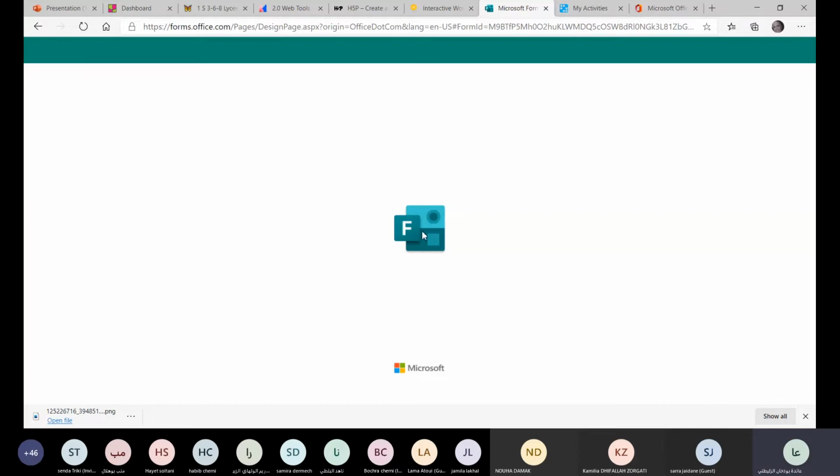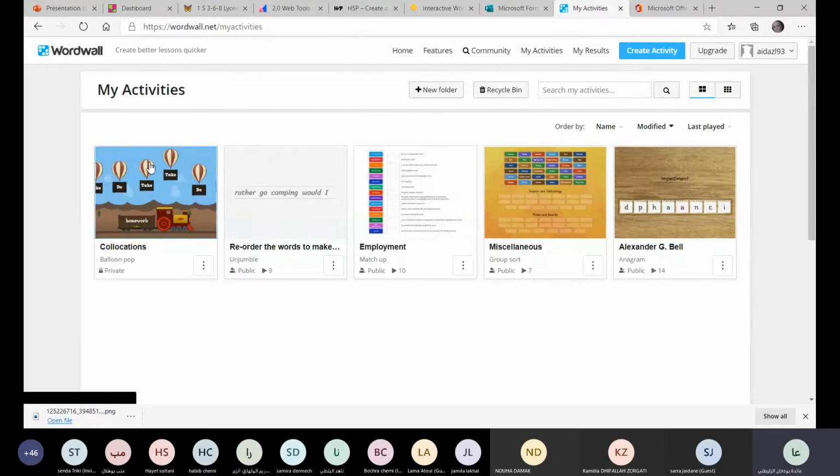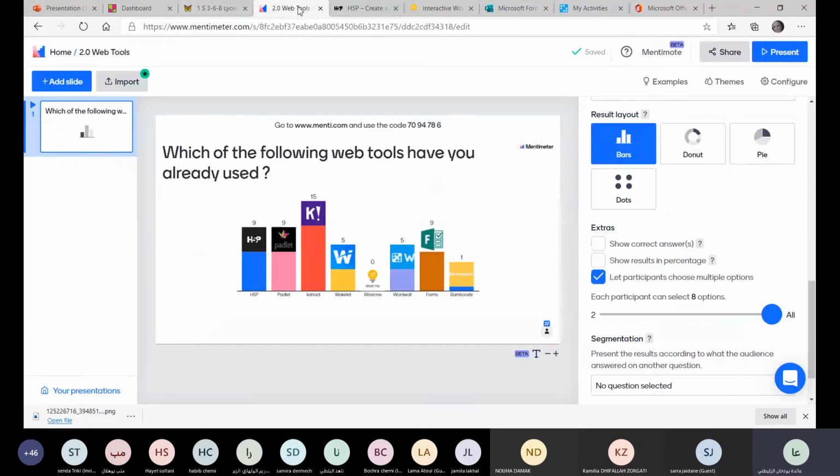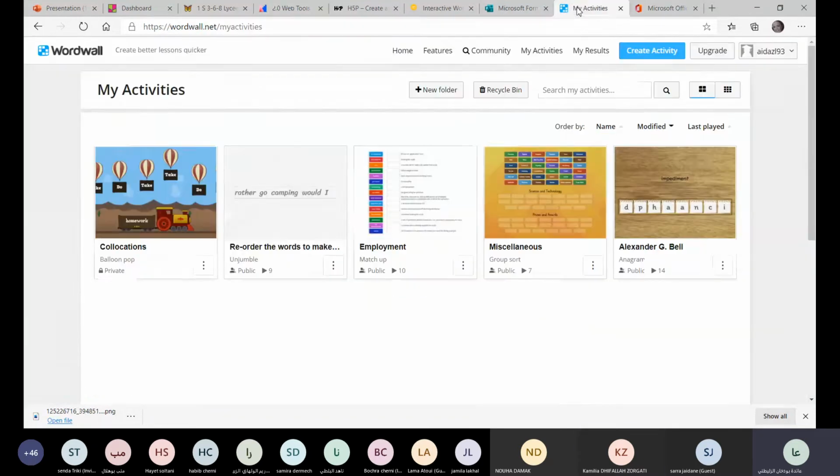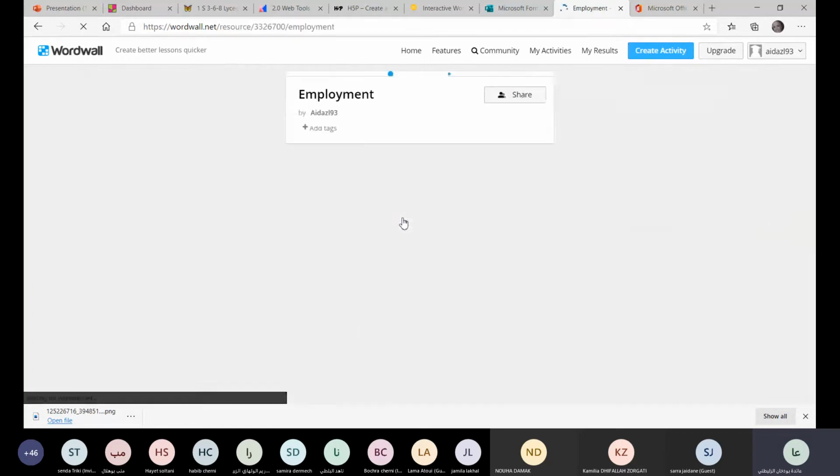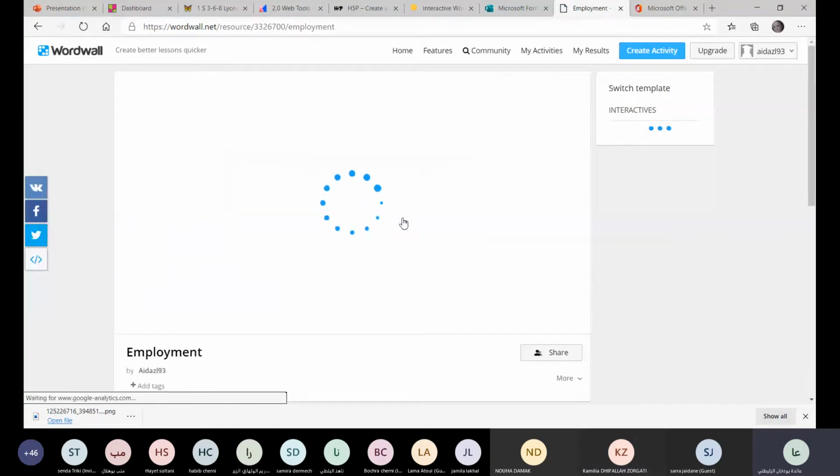I don't know why it doesn't work, but I move on to Wordwall, because with Mentimeter, Wordwall is not really popular among the teachers population. So Wordwall, I have got here a task about employment for fourth-year students.